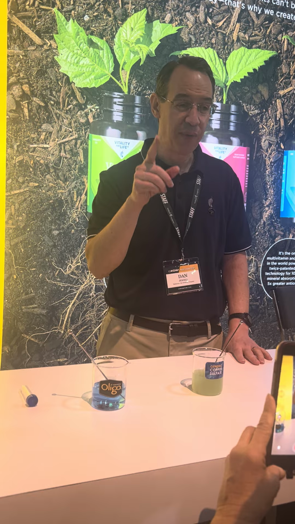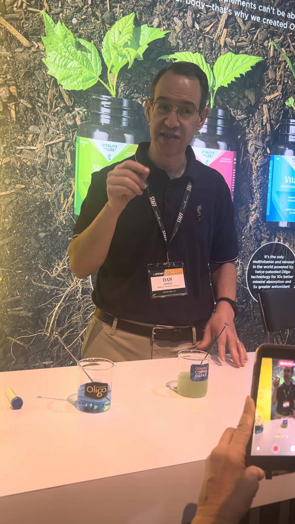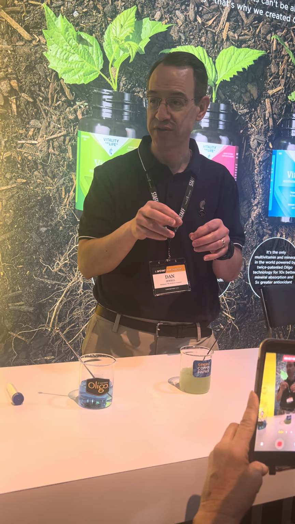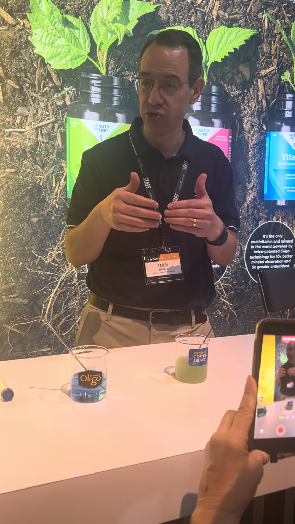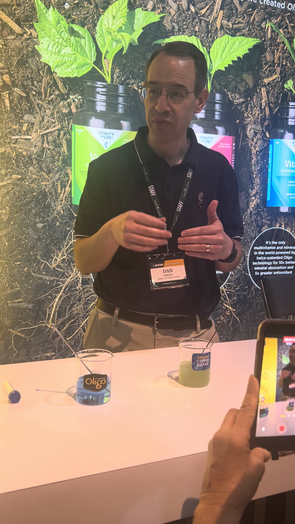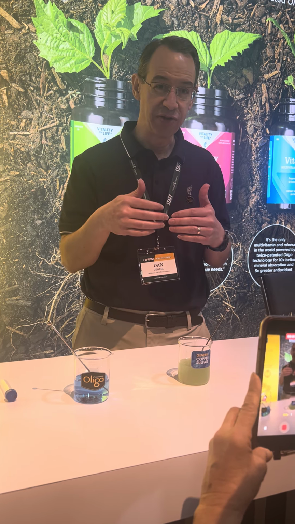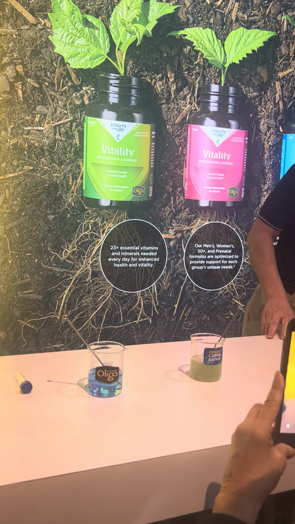One more thing that I want to make sure that you understand. The Oligo technology is a process that is designed specifically for the minerals. It isn't part of the vitamin itself, it's not part of other nutrients, but any of our products that have a mineral in them are made with that Oligo technology. So something like, where's my bottle of berberine?